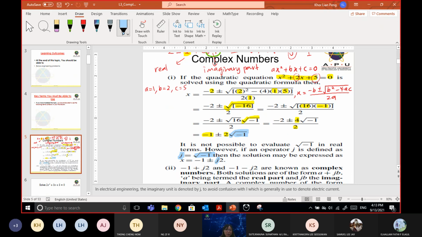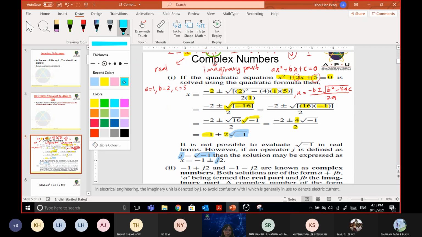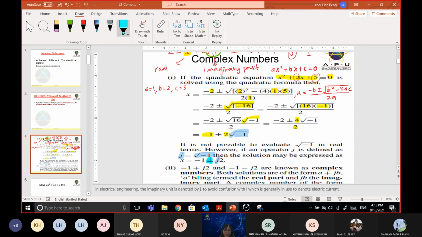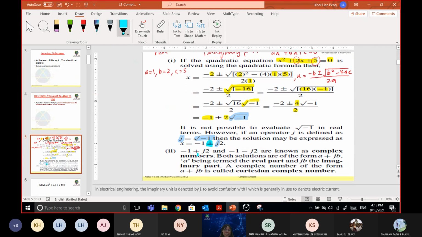Remember when it comes to this plus minus, we understand that one is a plus and the other one is a minus. So for the quadratic equation just now, you get 2 complex numbers. One is minus 1 plus j2, the other one is minus 1 minus j2. As I said just now, there's a real part and there's an imaginary part.